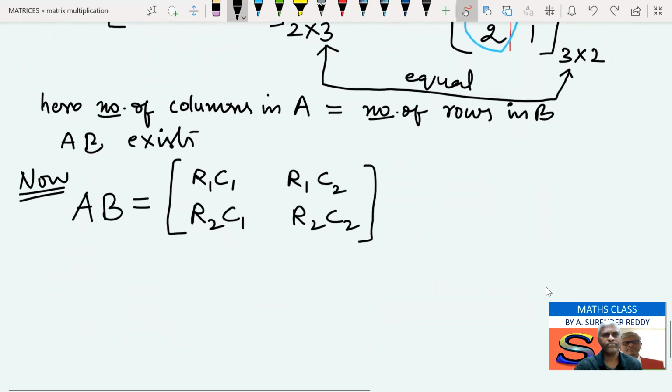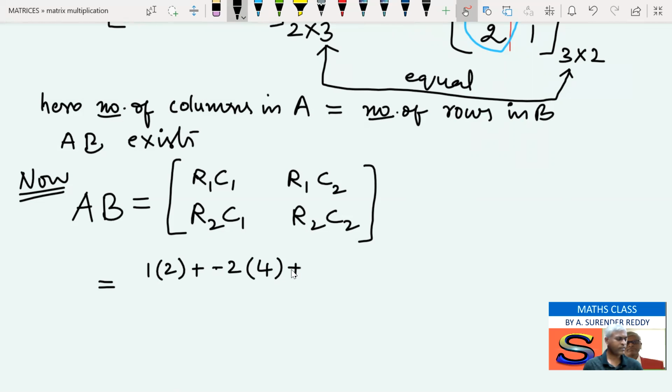So 1 into 2, plus minus 2 into 4, plus the third element with the third element, 3 into 2. So this is R1 C1.